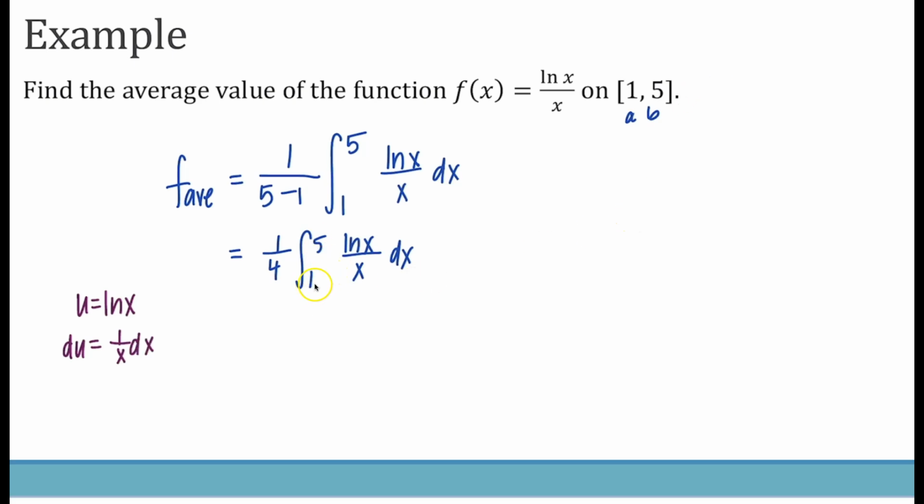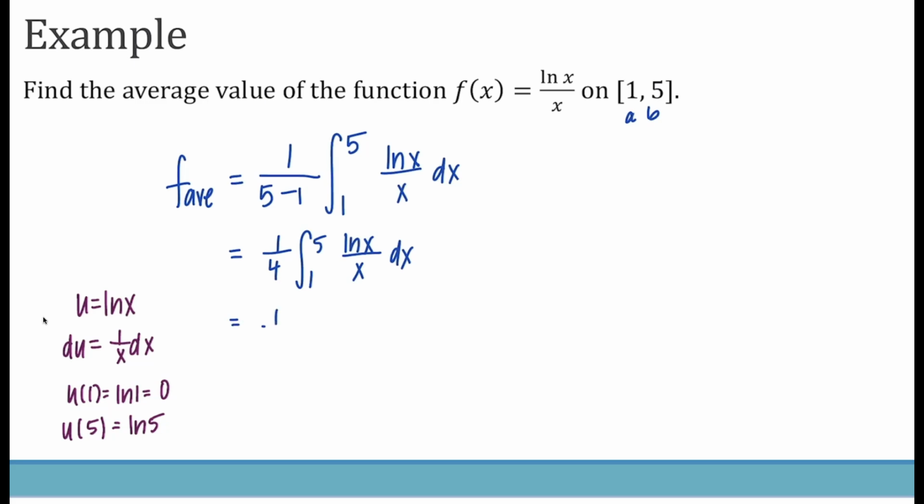Let's change our limits of integration from x's to u's. So we'll have u of 1, natural log of 1 is 0, u of 5, natural log of 5 is just natural log of 5, we'll leave it like that.